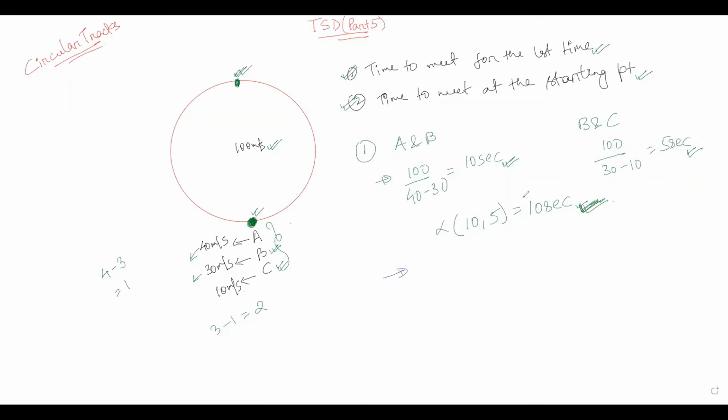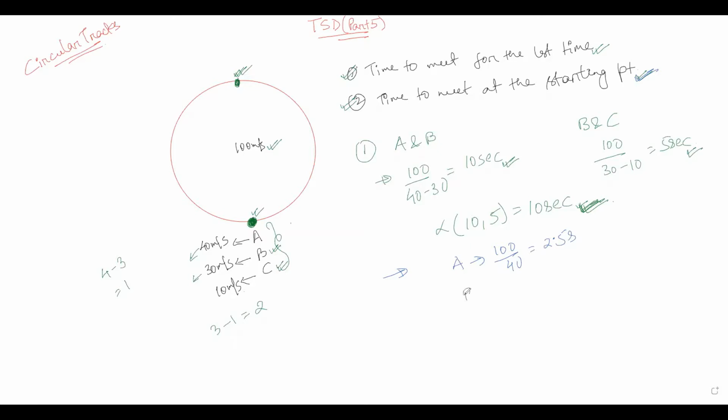Also, we can find the time for these three persons to meet at the starting point simply by taking the LCM of the time taken by each person to complete this track individually. In this case, the time taken by A to complete this track would be 100 by 40, which would be 2.5 seconds.